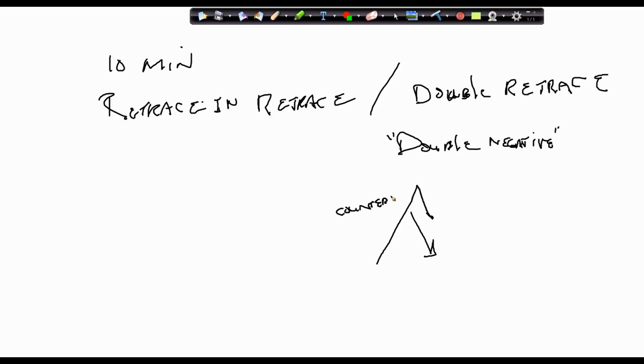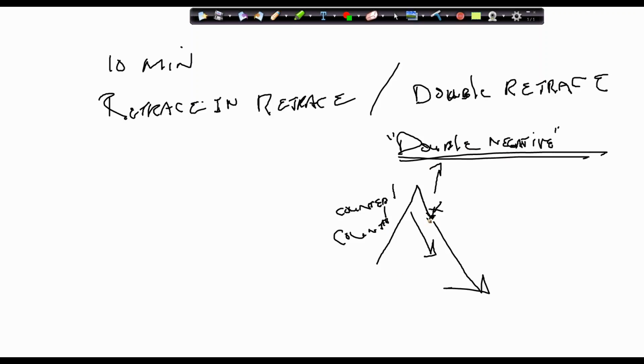So that's counter number 1. Then it starts to move up, and because we came from the end of a retrace, we're expecting that higher high. When we see the retrace here, oops, there's counter number 2. And in the end, we're going right back where we thought we should have been heading in the first place. So it's kind of like the double negative. We got faked out the first time, we got faked out the second time, it's coming back down.